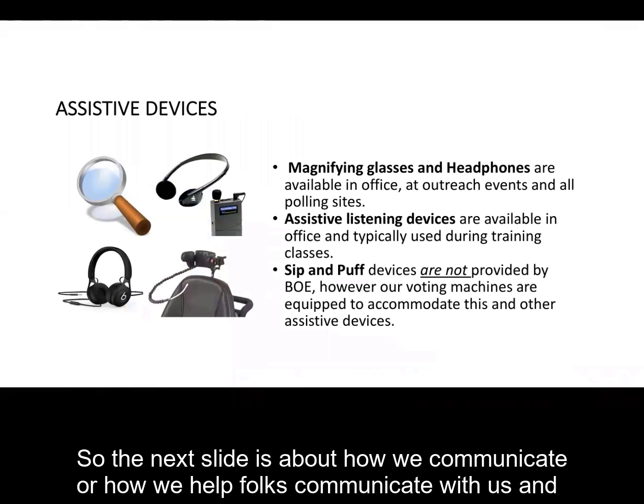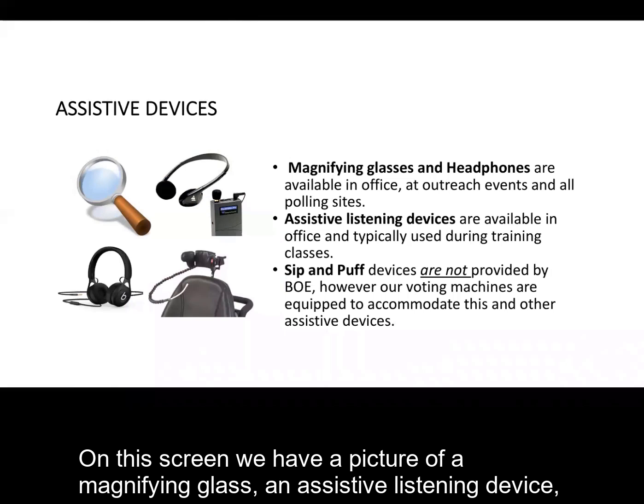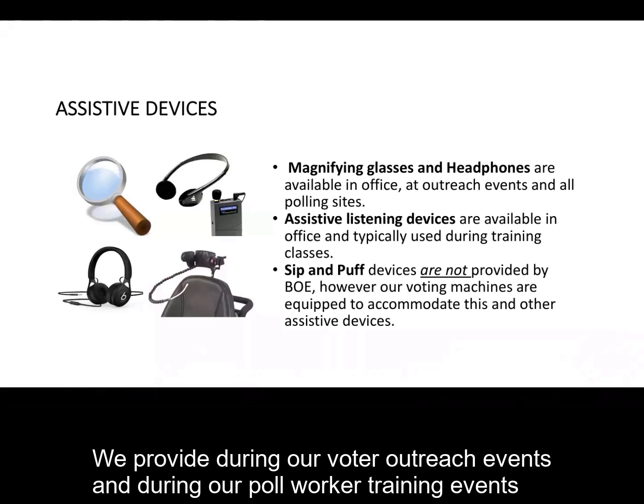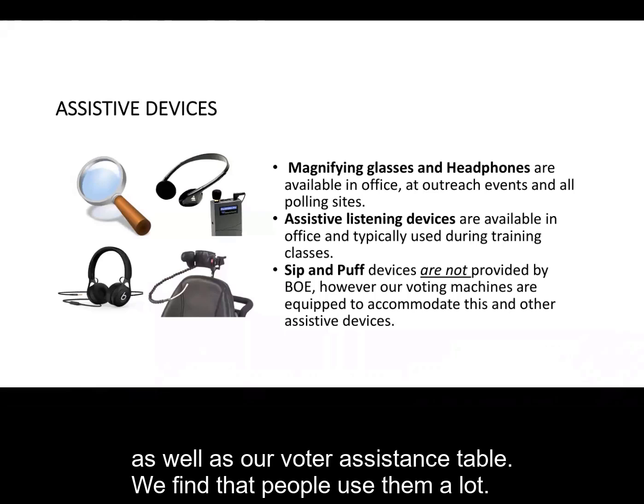All right, so the next slide is about how we help folks to communicate with us and how we're able to help them to receive the information from us. On this screen, we have a picture of a magnifying glass, an assistive listening device, a set of headphones, as well as a sip and puff device. During our voter outreach events, our poll worker training events, and on election day, we always have magnifying glasses at our check-in table as well as our voter assistance table.